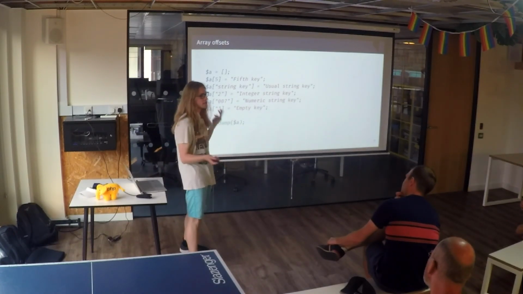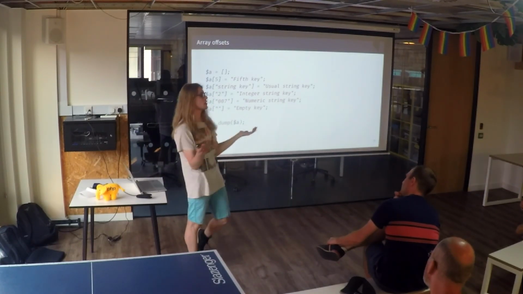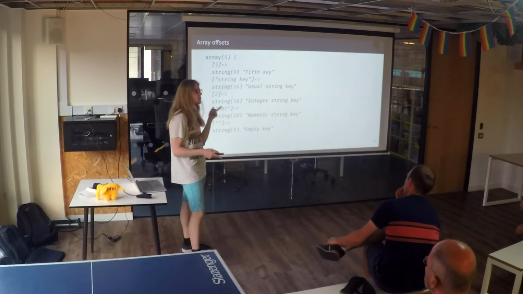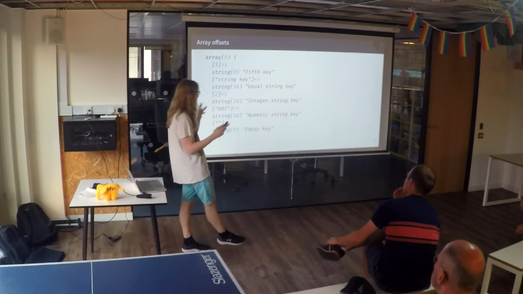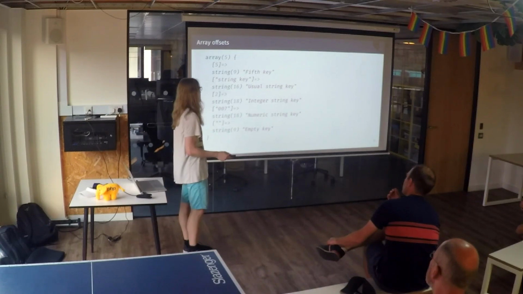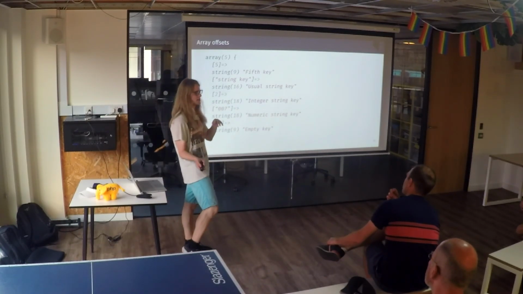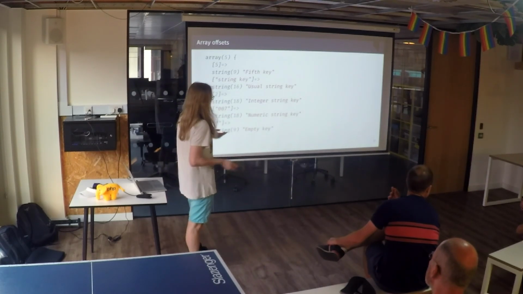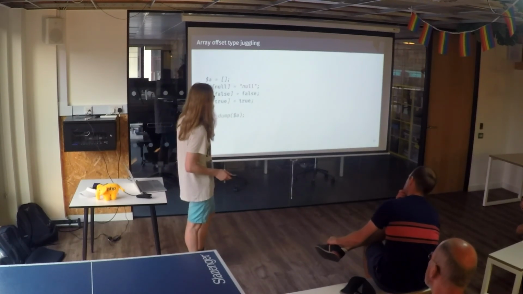I don't know why you would want an array with an empty key, but it works. So the integer string gets converted to an integer, but only the integer string. So 007 still remains 007, but 2 as a string gets converted to 2 as an integer, which, yeah, fine.